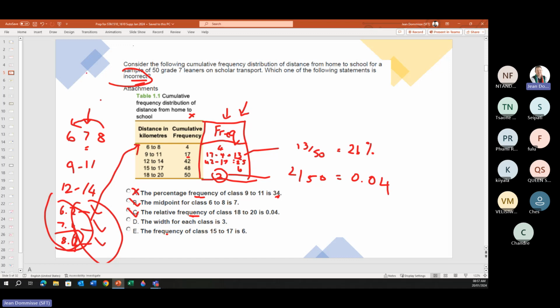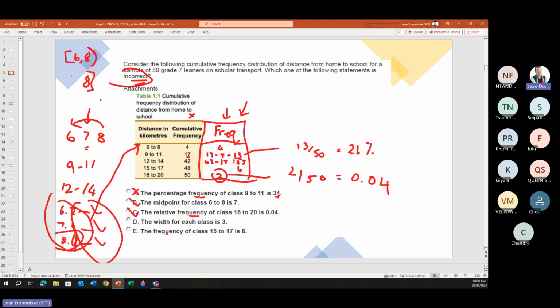It could also be, and just check, it's in the study guide as well. It's normally something like that. When it's an open bracket or a round bracket, it means 8, 8.1, 8 point something. If it's a closed bracket, it means just up until 8.